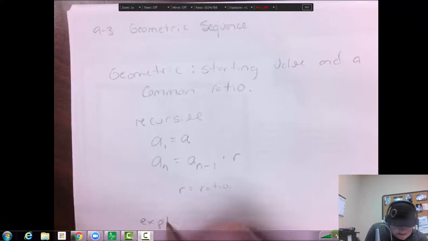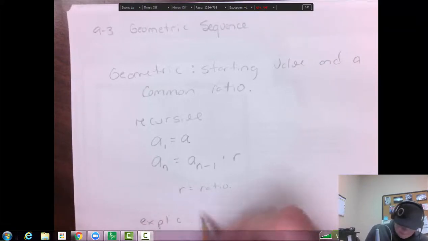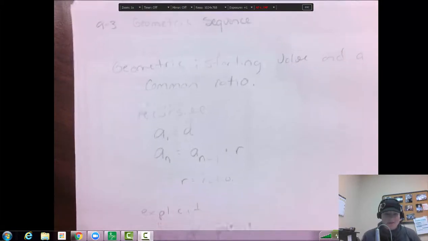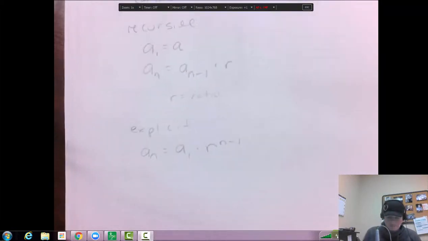What about the explicit? The explicit formula would go A to the n is equal to A1, the first term, times R, that ratio, to the n minus 1.